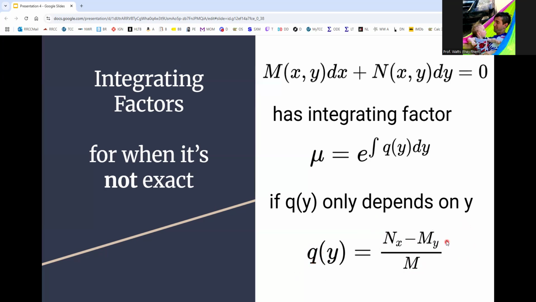If q only depends on y, then we do the same thing to get mu: integrate and then put it with a base e exponential. So you do want to learn these formulas for p and q. They are similar, and p should only simplify to be a function of x, and q only a function of y. If neither of those works, there are integrating factors that involve both variables, but this is as far as we'll be going in this intro course.